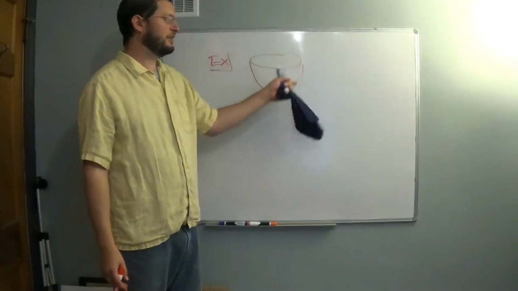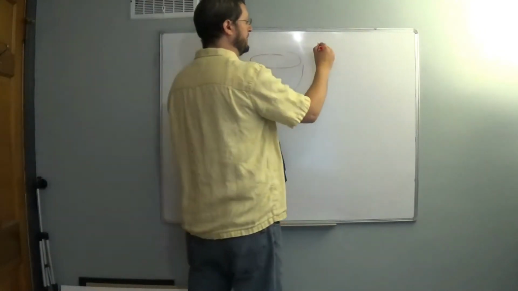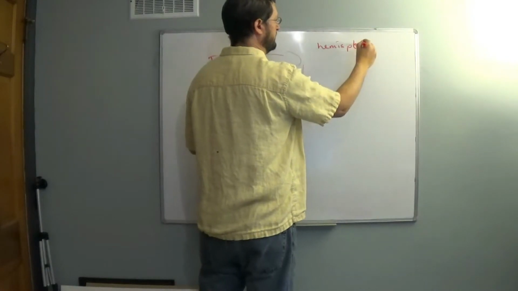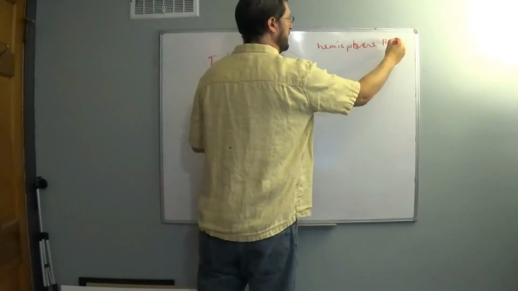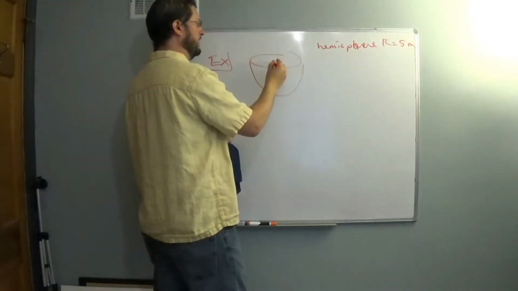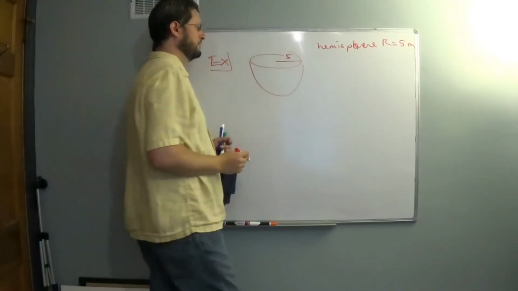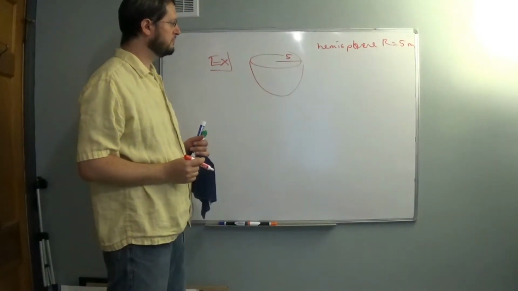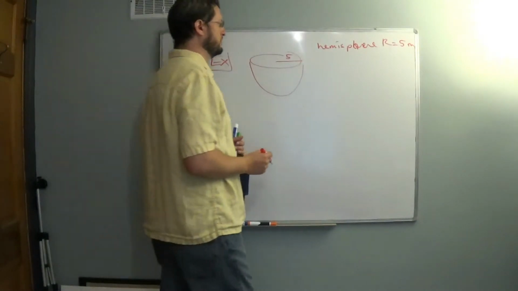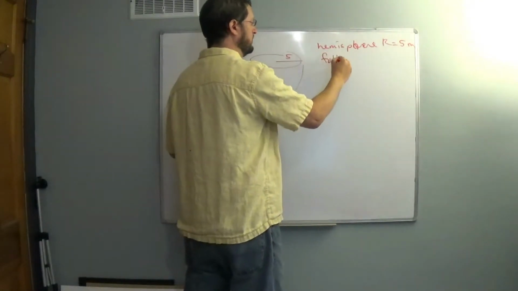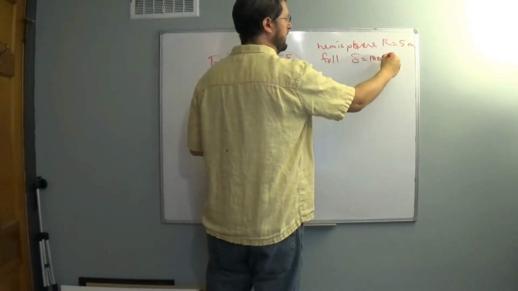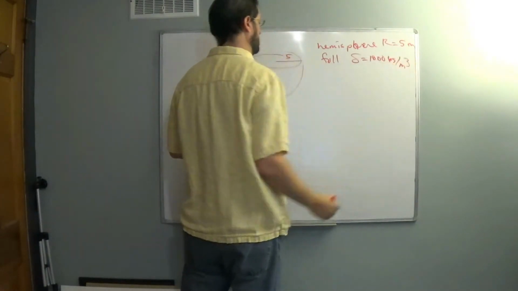So this is a sphere, a hemisphere, a half sphere of radius 5 meters. So the radius up here is 5. Let's say that it's full, and let's say that the density of the liquid is our favorite water, 1,000 kilograms per meter cubed.